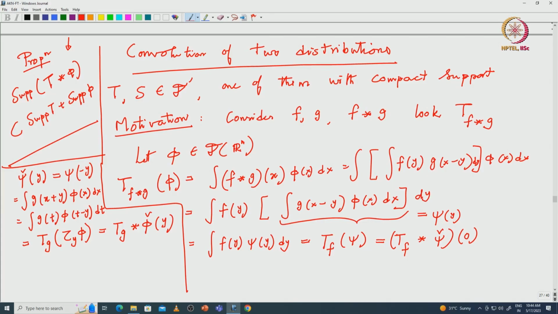So, if you use that here, you will get this is equal to Tf star psi tilde, which is Tg star phi tilde, evaluated at 0. You see. So, what does this imply?